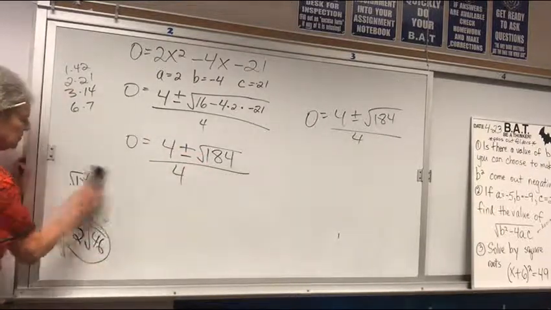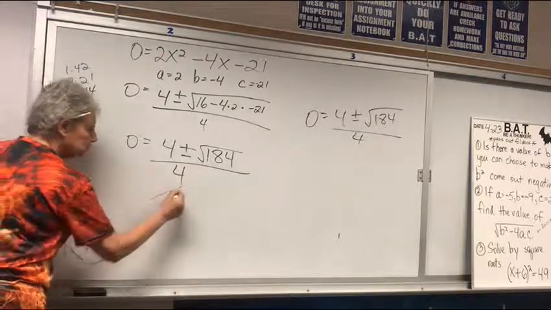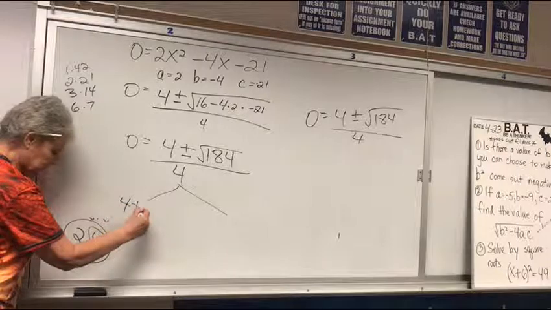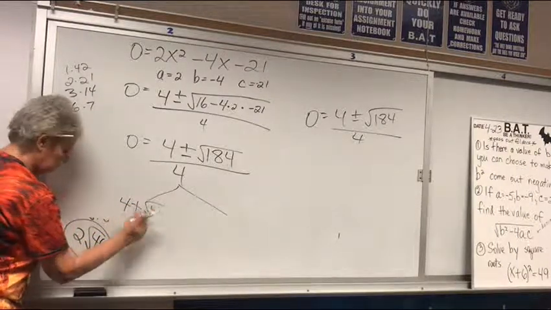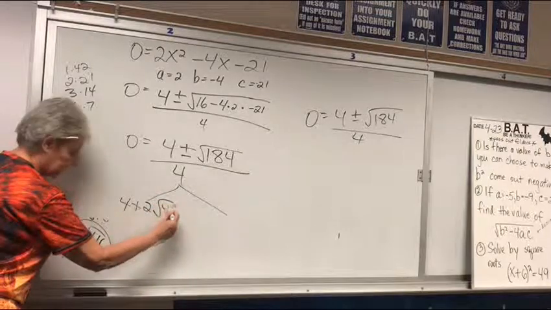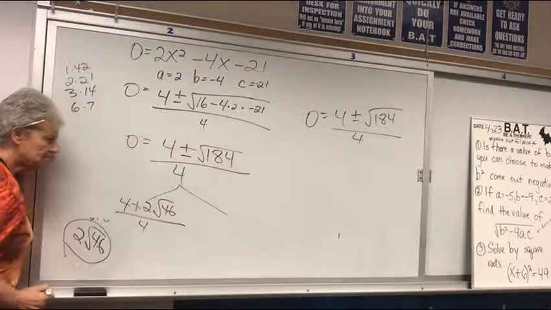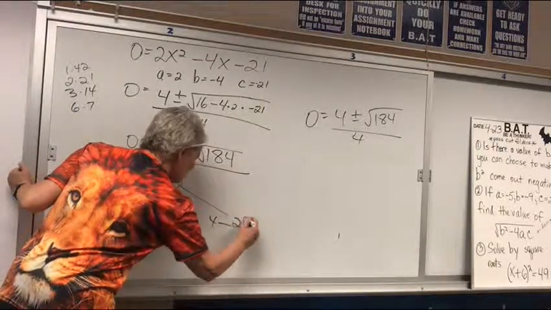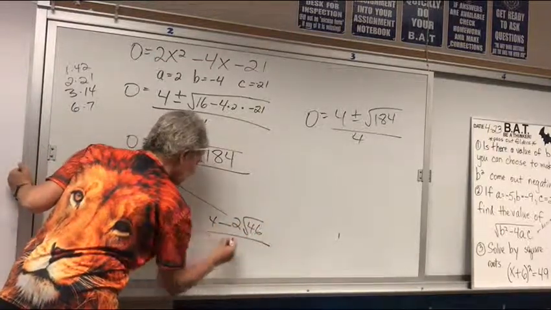So what you're going to do is you're now going to split it into 2. 4 plus 2 radical 46 over 4, and 4 minus 2 radical 46 over 4.